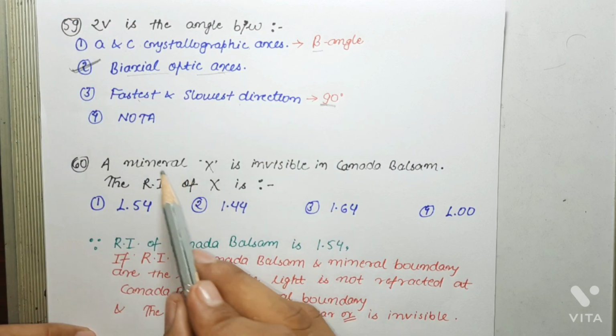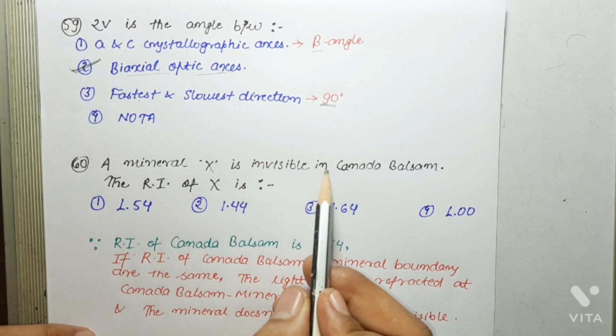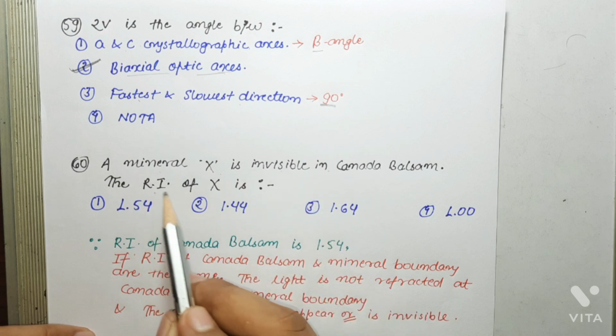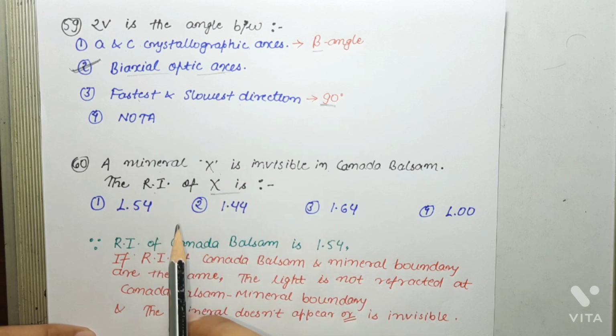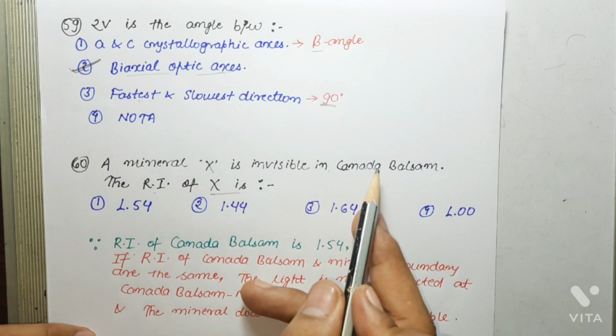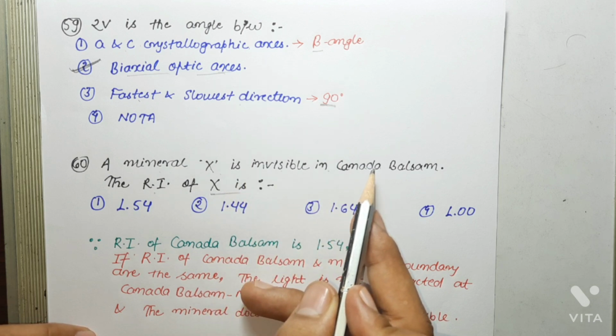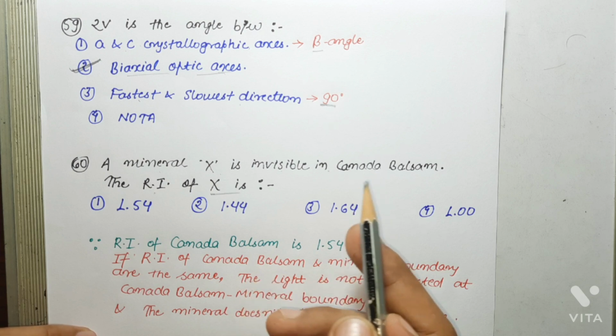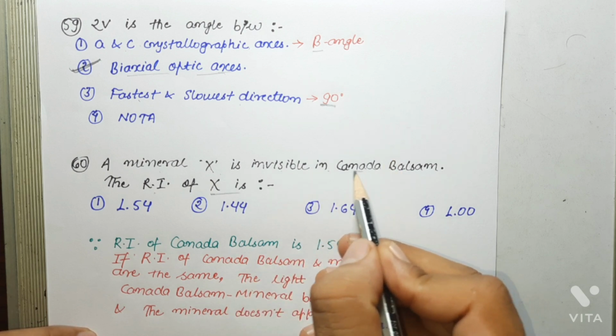A mineral X is invisible in Canada balsam. The refractive index of X is. To answer this question, you should know the refractive index of Canada balsam and some concepts also, which I will tell you. First of all, the refractive index of Canada balsam is 1.54.